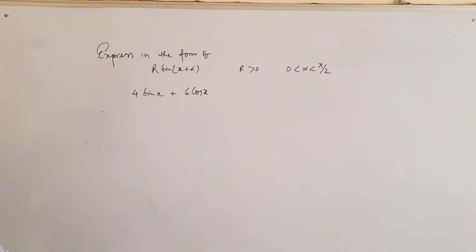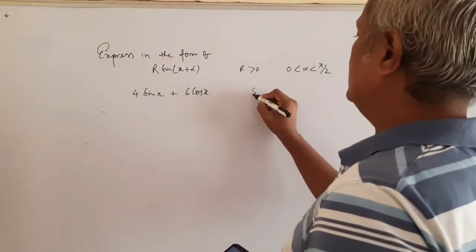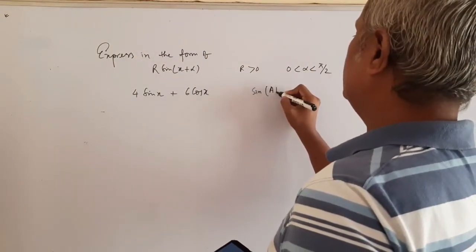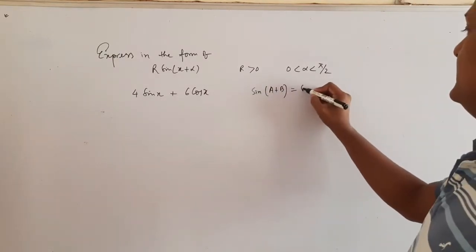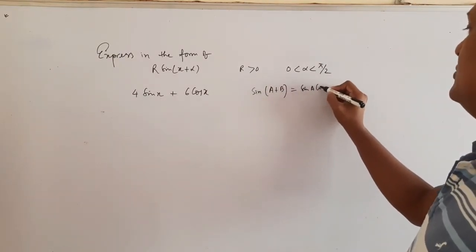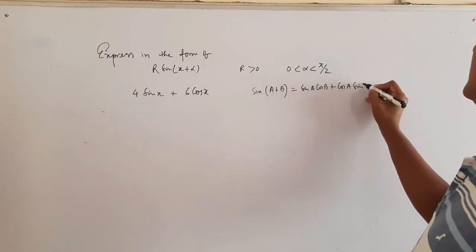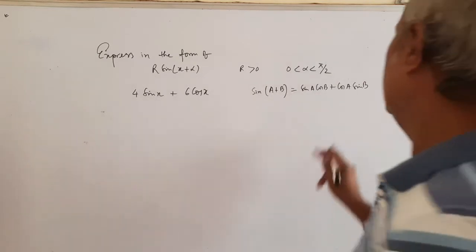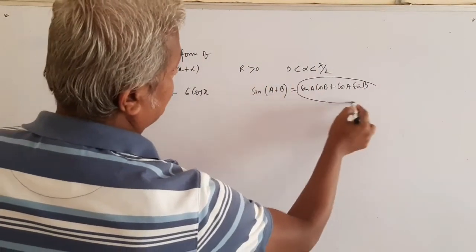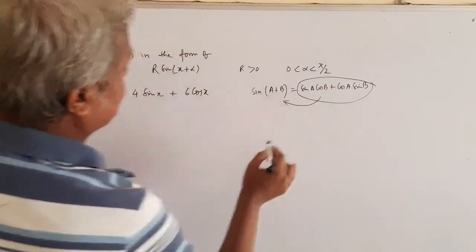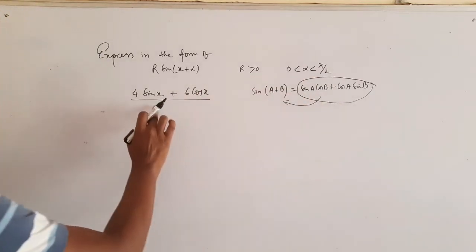Now we know that there is a formula, sine a plus b. This is the compound angle formula, that is sine a cos b plus cos a sine b. So if this part can be written like this, and now if you see this part, this part looks similar to this.